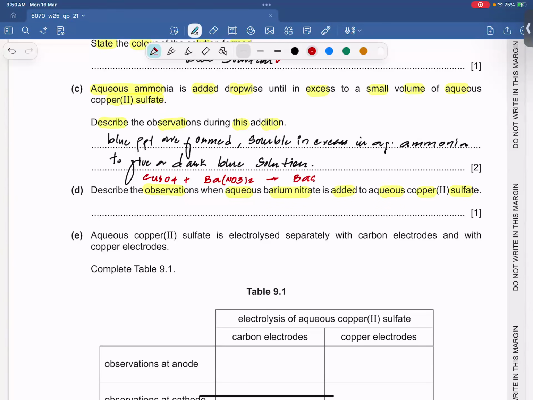Obviously barium sulfate is formed, and this barium sulfate is a white precipitate, and copper nitrate will remain as it is. Copper sulfate has a blue color, copper nitrate also has a blue color, so I cannot write blue color. Instead I'm going to write white precipitates of barium sulfate because that's a different observation. So I'm going to write white precipitates.